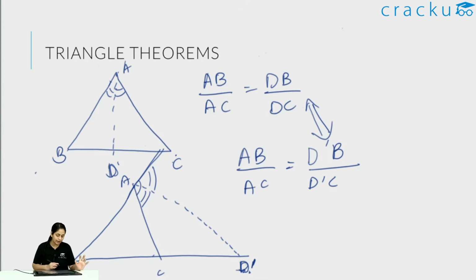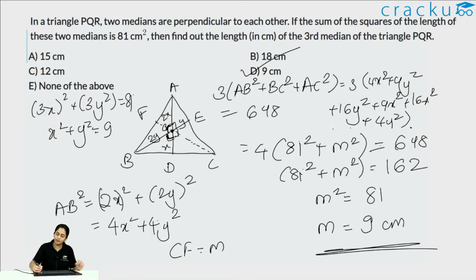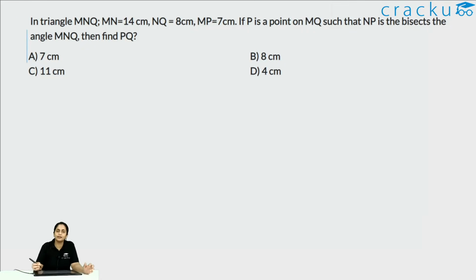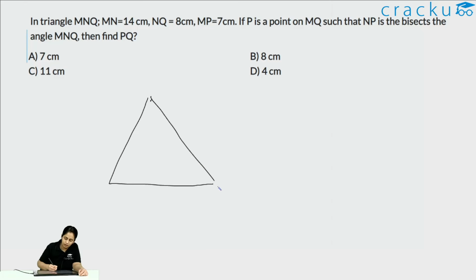Now let's take a look at a simple question on the angle bisector theorem. Now that you've just learned this, it should be easy for you to do. In a triangle MNQ, MN is equal to 14, NQ is equal to 8, MP is equal to 7 centimeters.